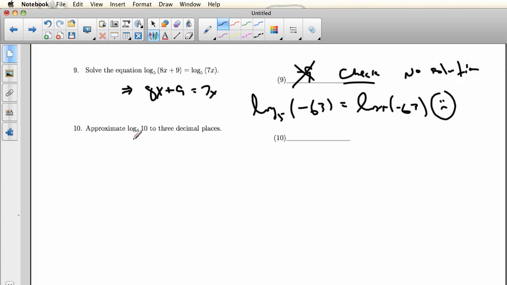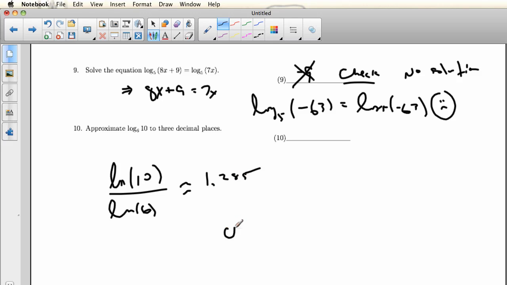And then finally, approximating the log base 6 of 10. This is just a matter of knowing the base conversion rule. It's the same thing as natural log of 10 over natural log of 6, which to 3 decimal places would be 1.285.